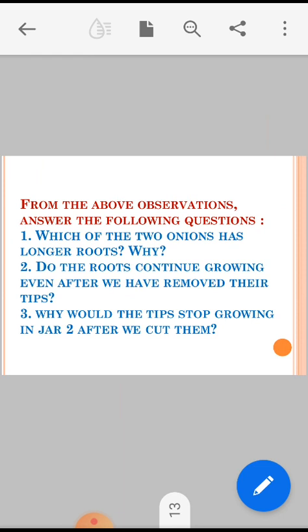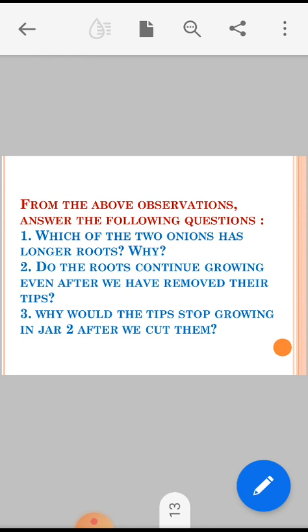Do the roots continue growing even after we have removed their tips? So we have trimmed it, we have cut it with the help of scissors, 1 centimeter. So you have to observe that after we have cut the root tip, does it grow further? Why would the tip stop growing in jar 2 after we have cut them?